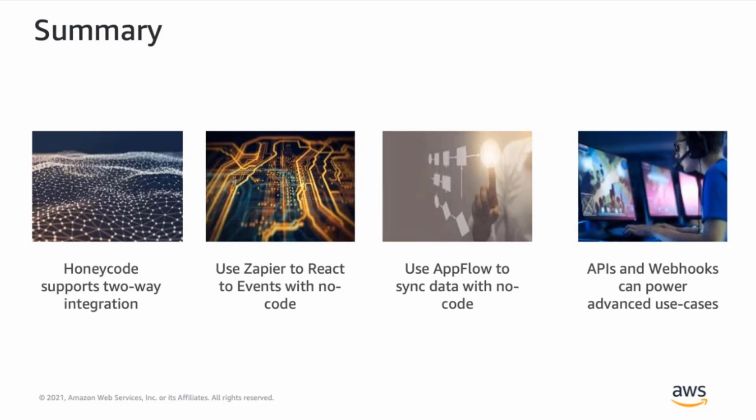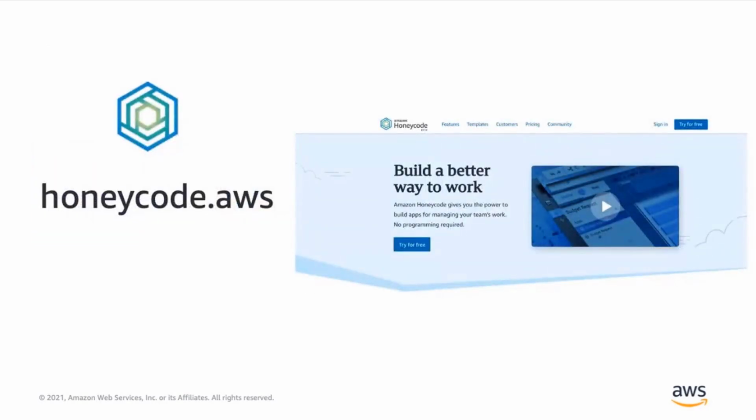Again, no code required. We also talked about how you can use data collected in other apps as source for your Honeycode apps using AppFlow with no code. Finally, we talked about some things to think about when choosing between these options you have to integrate Honeycode apps with other apps and services.